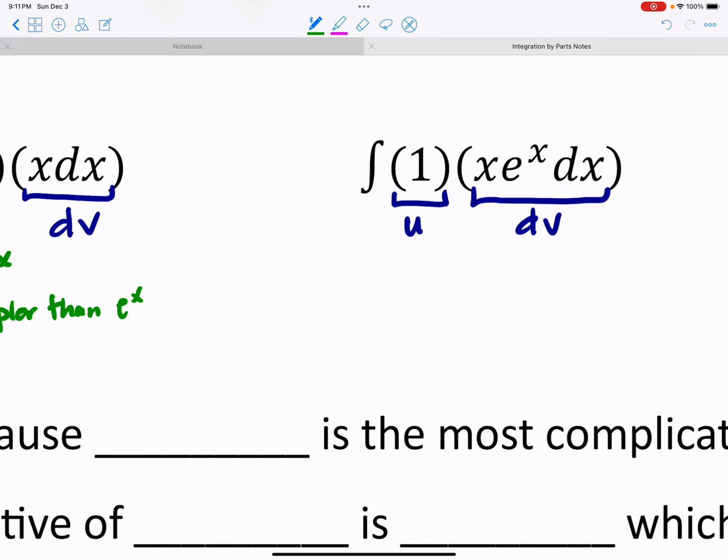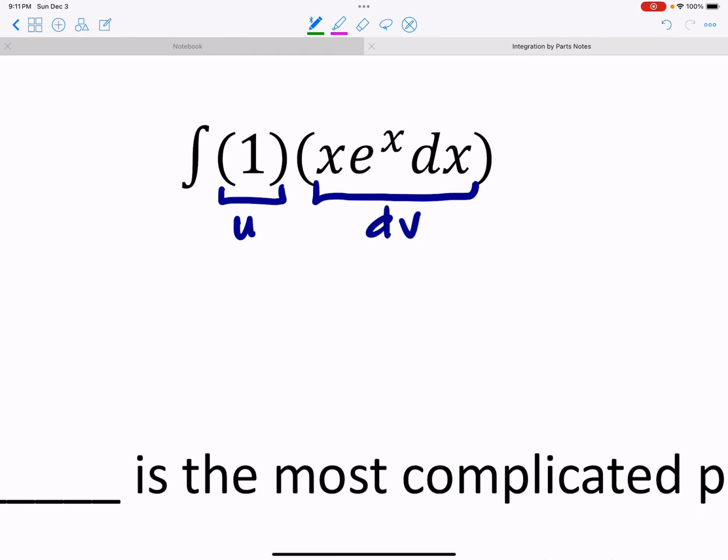Or this one. So if I took the derivative of u, the derivative of a constant has to be 0. So maybe 0 is simpler than 1, but I need to be able to take the integral for the dv portion, and this is the whole problem we started with in the beginning.